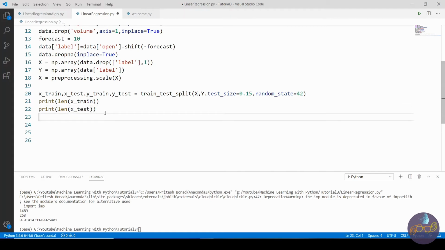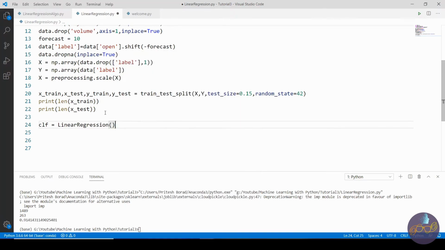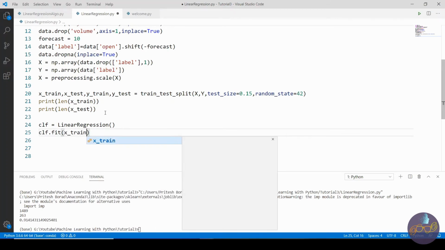So let's define a variable. CLF is equal to LinearRegression. And let's fit our model. So clf.fit X_train and y_train.